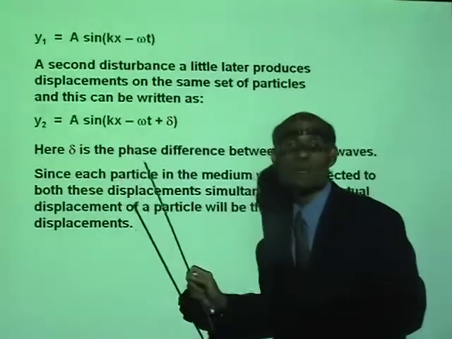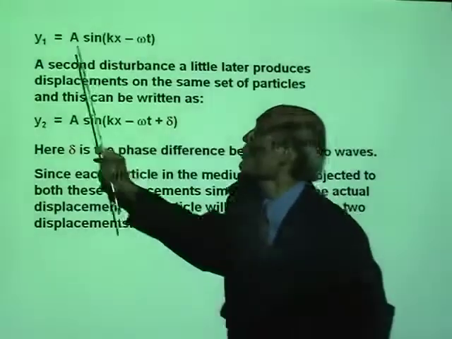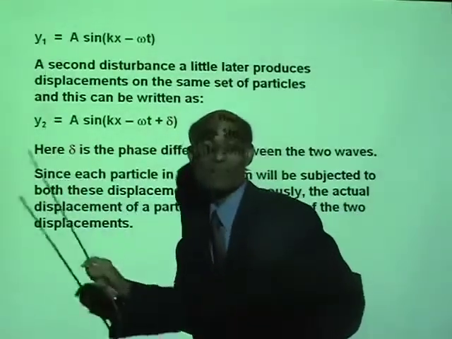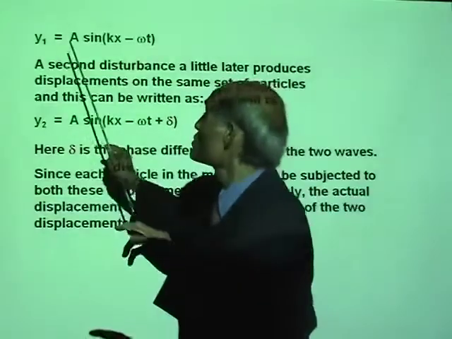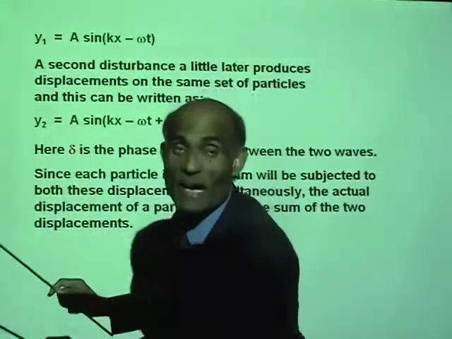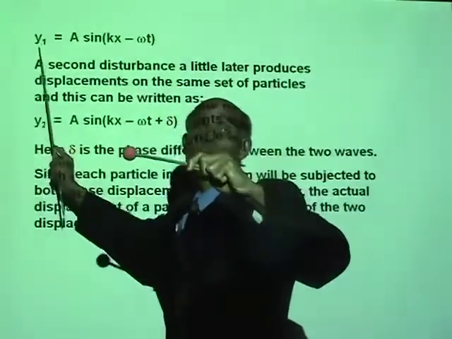In other words, the net displacement of each particle will be the sum of y1 plus y2. If only the first disturbance existed, then the displacement of this particle would be given by y1.